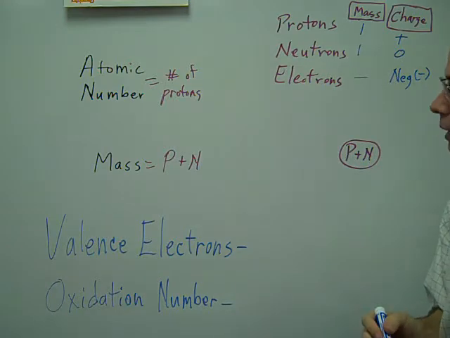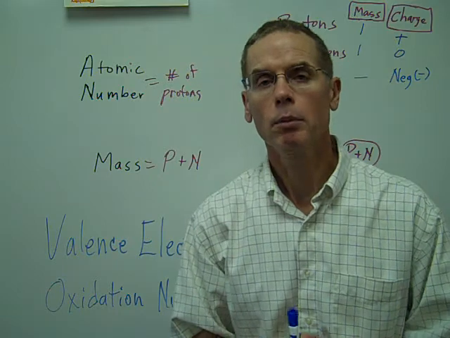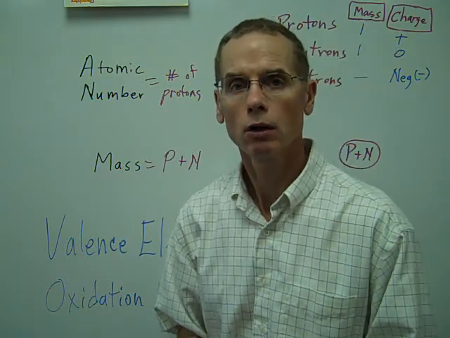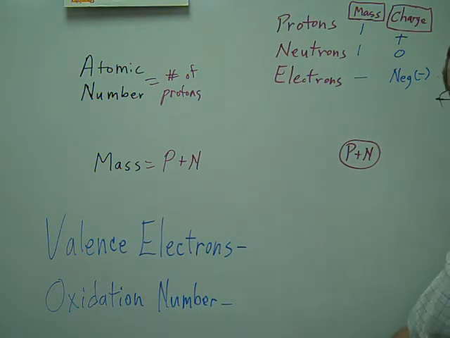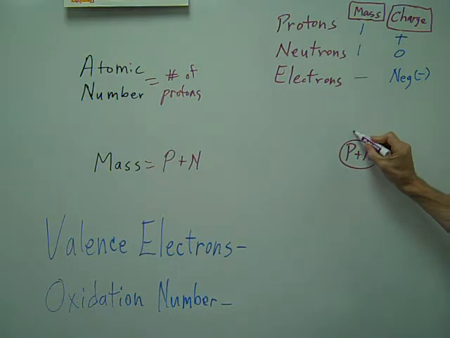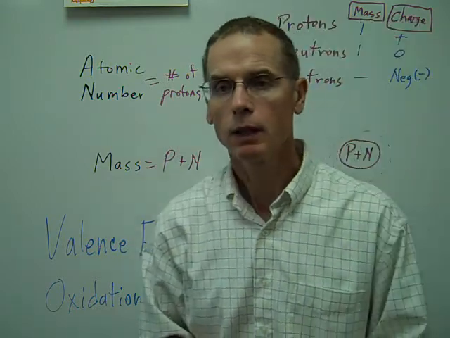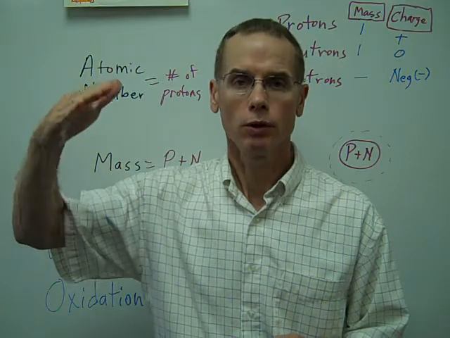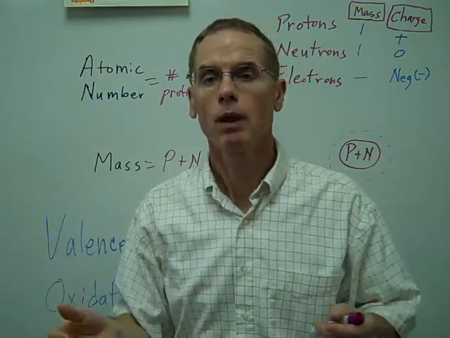All right? Now, you will also remember that the model of an atom indicates that the protons and neutrons are located in the center, or the nucleus, of the atom. And the electrons will orbit around the outside. You'll also recall that the electrons orbit that nucleus in varying orbitals or energy levels in an electron cloud.